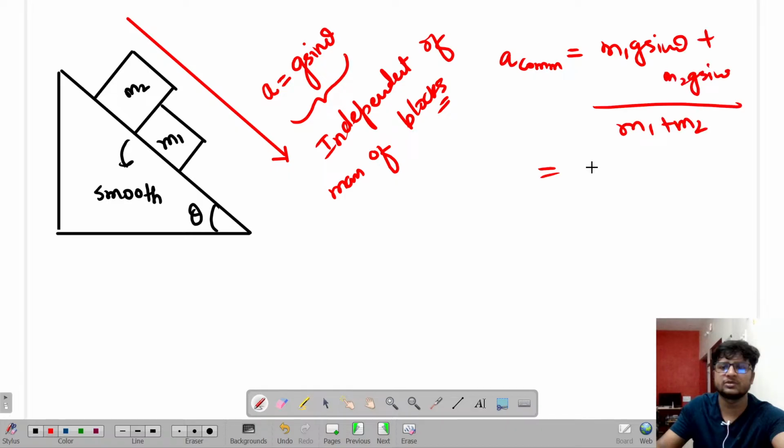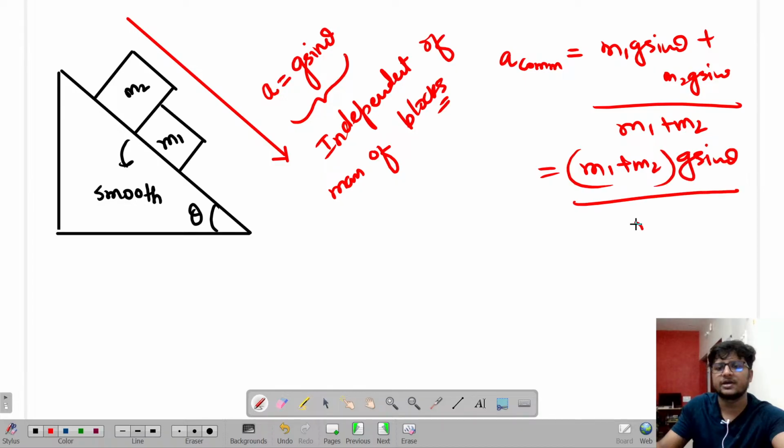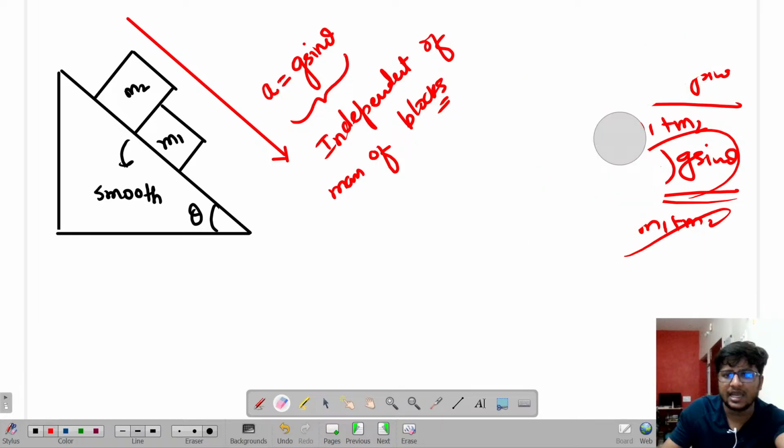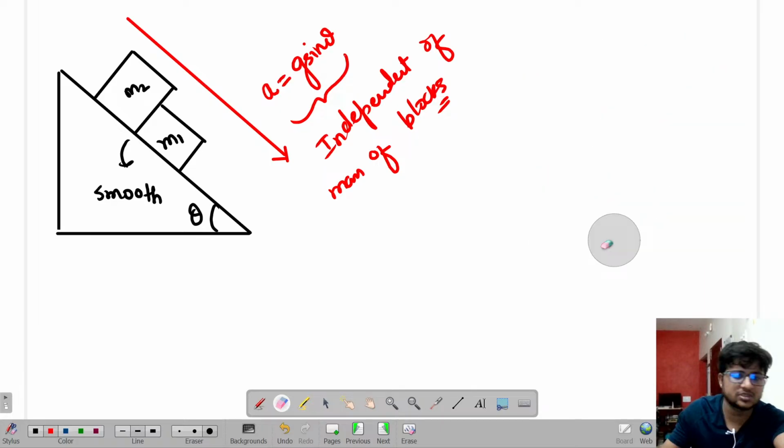So I can write M1 plus M2 as common, g sin theta, divided by M1 plus M2. Again they got cancelled. What I am getting? g sin theta. Means if there is an elephant on a smooth inclined plane, both of them are going to fall with the same acceleration independent of their mass. Now this gives a great conclusion.